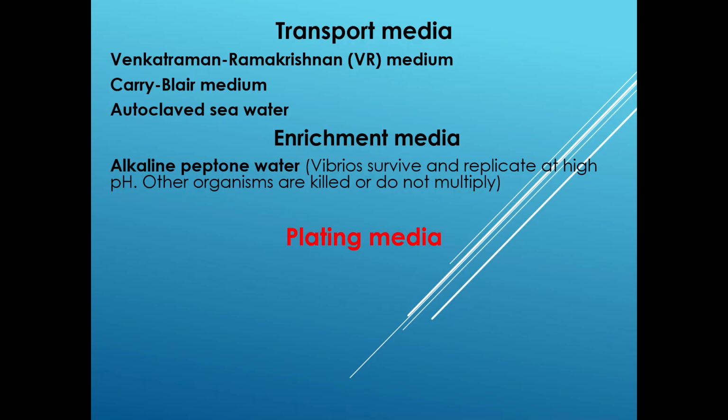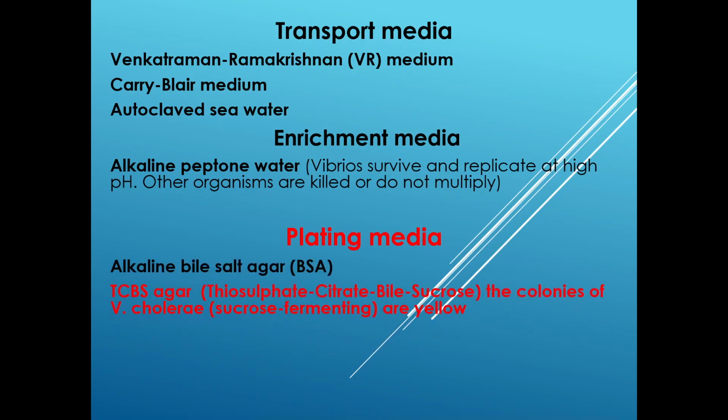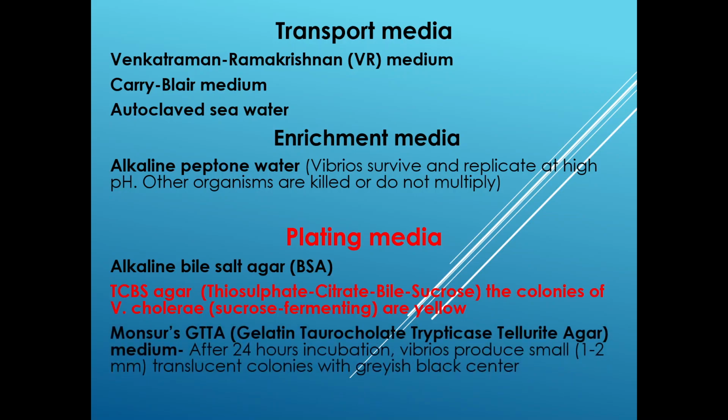For isolation and identification, in the first step of investigation of biological material, we will use plating media: alkaline bile salt agar, and, important for us, TCBS agar, on which the colonies of Vibrio cholerae are yellow because Vibrio cholerae ferments sucrose.